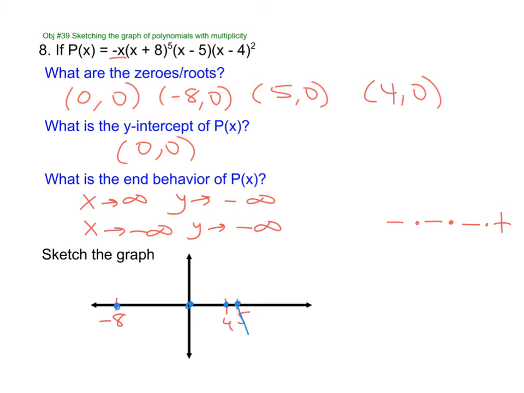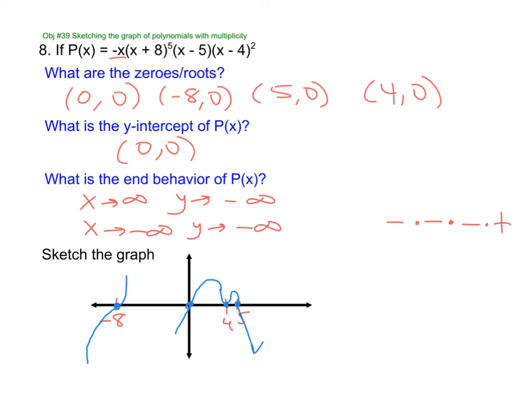And 5 does not have a multiplicity. Negative 8 is also going down. That one does have a multiplicity, though. It has a multiplicity of 5, so it's going to look like an x cubed. So something like that. And then, let's see what's happening at 4. We have a parabola, so it's going to go up and back. And then at 0, it's just going to go through 0.